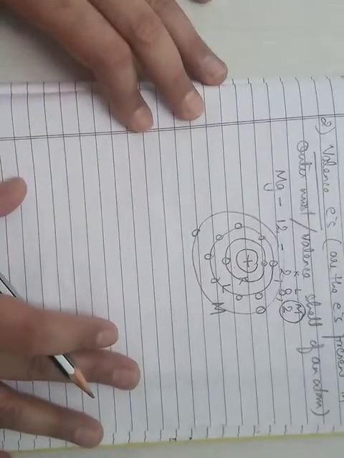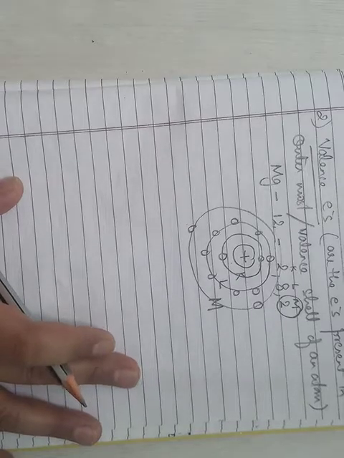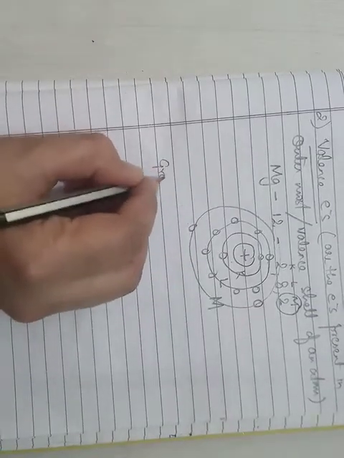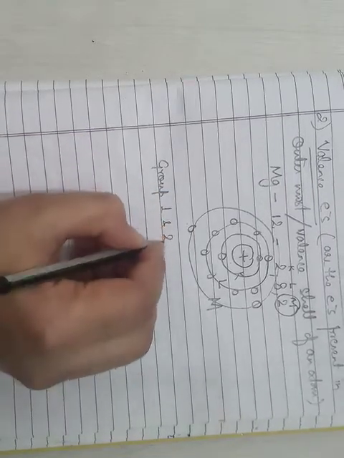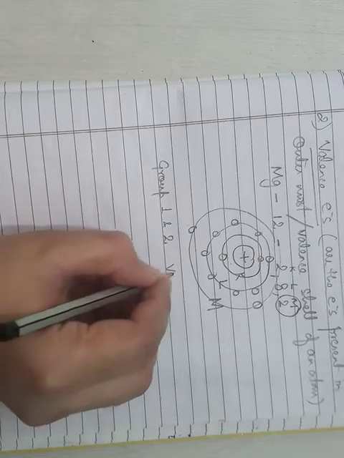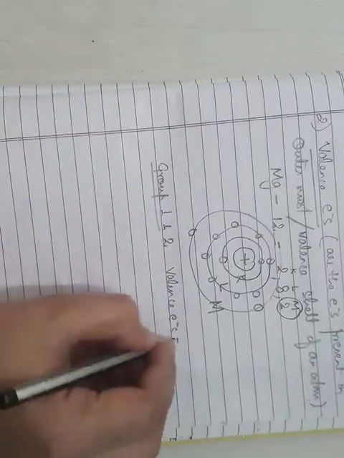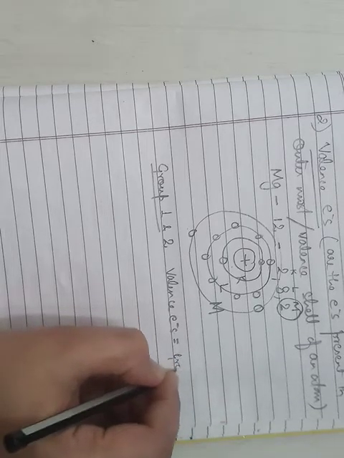Okay, and I have also told you that you can relate the group number with the valence electrons. For group numbers 1 and 2, valence electrons are equal to the group number.